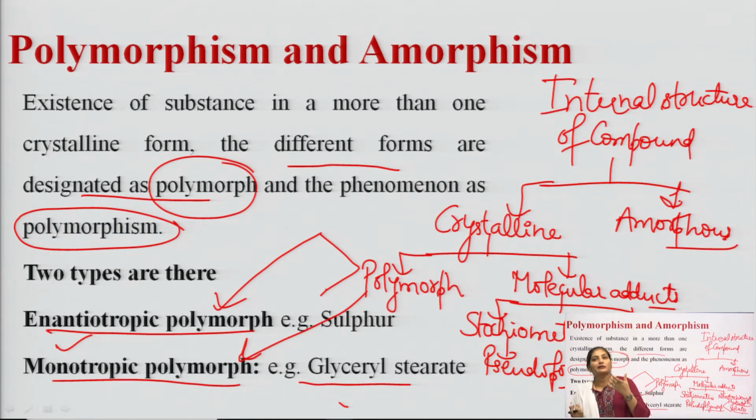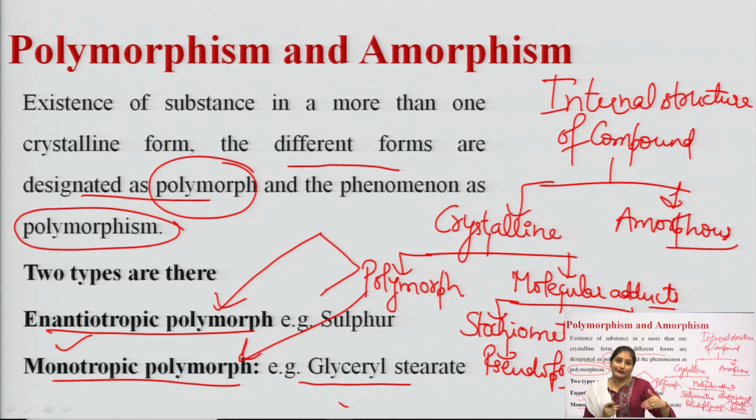Now, what do you mean by metastable form? See, out of these several polymorphic forms, one state or one form can be stable as compared to the other one. Okay. And the polymorphic form that is more stable, or a stable polymorph, has the lower energy state, the highest melting point and the least aqueous solubility.